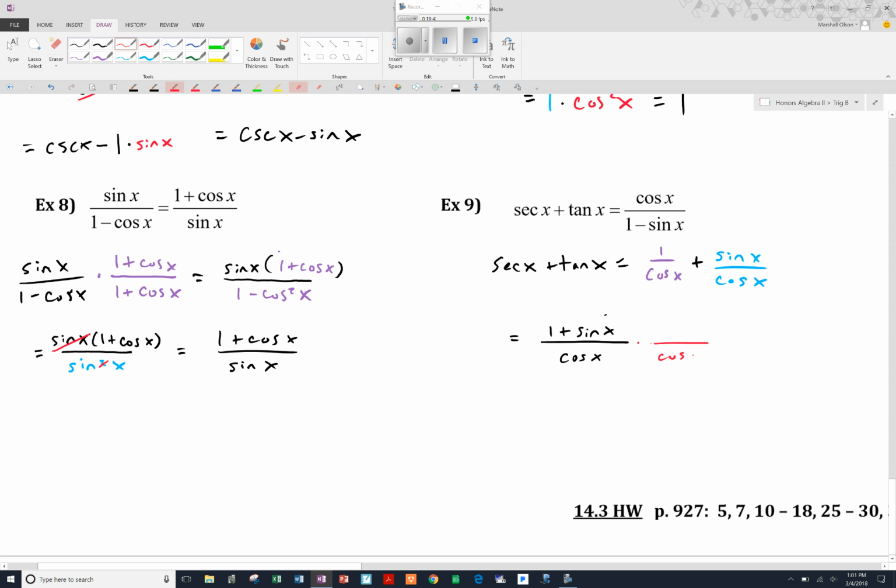What I know is if I multiply the denominator by cosine, I'll get cosine squared. And a cosine squared can be factored to 1 plus sine, 1 minus sine. And that has a 1 minus sine in it. So I think that's going to get us to where we want to go. Let's see what happens here.